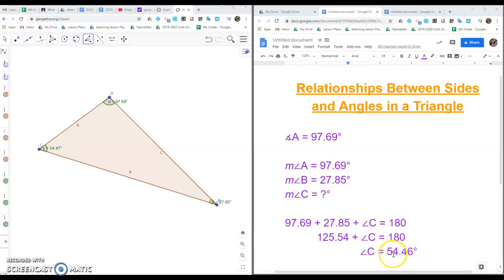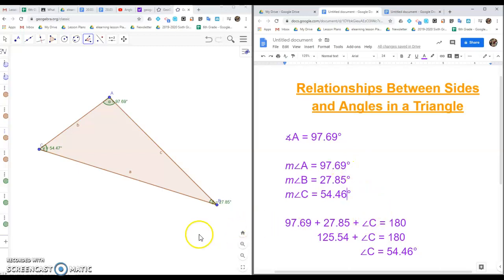The measure of angle C should be 54.46. Boom, 54.47. So we are 1/100th of a degree off, which is perfectly fine because these could be rounded to the nearest hundredths, whereas these are not. We are working with exact numbers. So the measure of angle C should be 54.46, since that's what our calculations got.